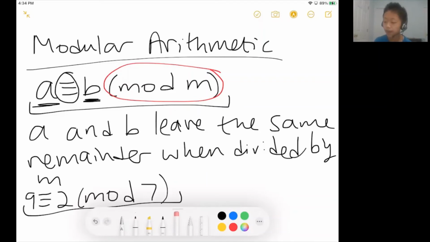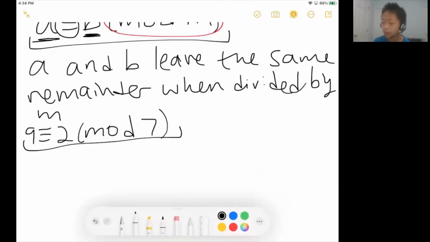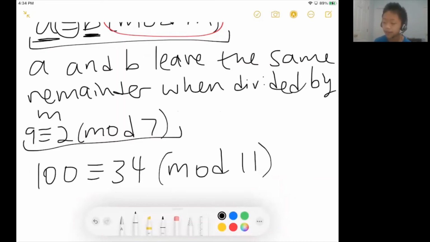Another example would be 100 is congruent to 34 mod 11, because if I take 100 and divide it by 11, I get a remainder of 1. And if I take 34 and divide it by 11, I also get a remainder of 1. So they leave the same remainder, which allows us to say 100 is congruent to 34 mod 11.